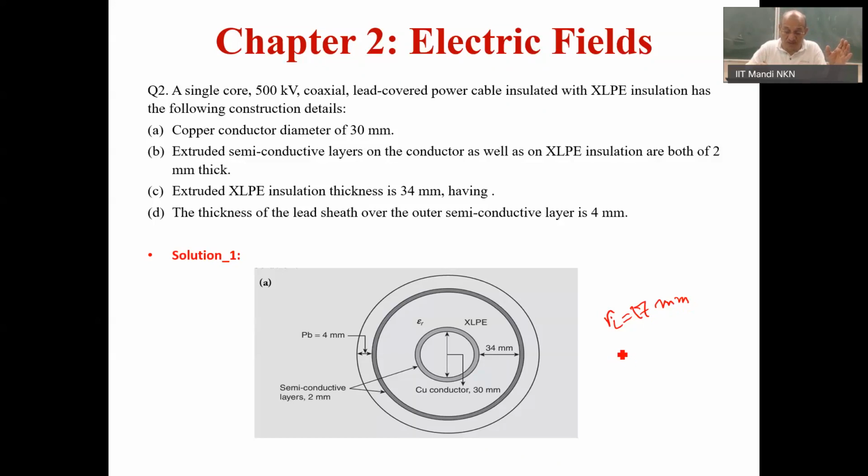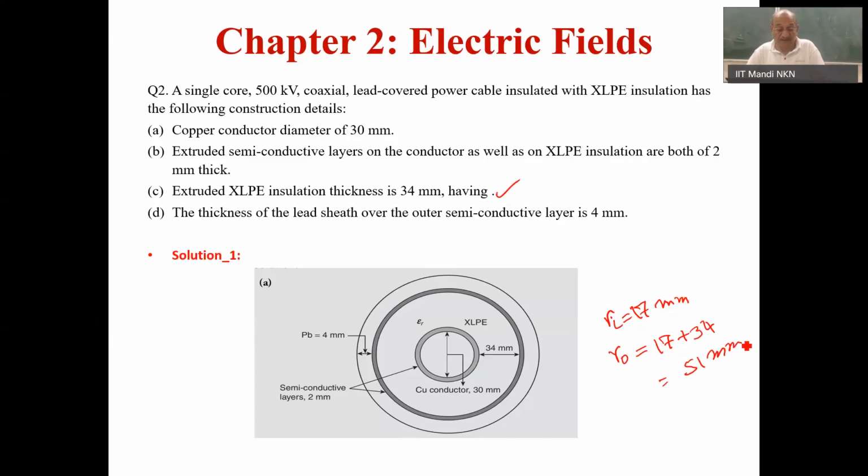So RO will be nothing but simply 17 plus 34 millimeter, the insulation thickness of the dielectric. So that gives you 17 plus 34, how much? 51, isn't it? Equal to 51 millimeter.